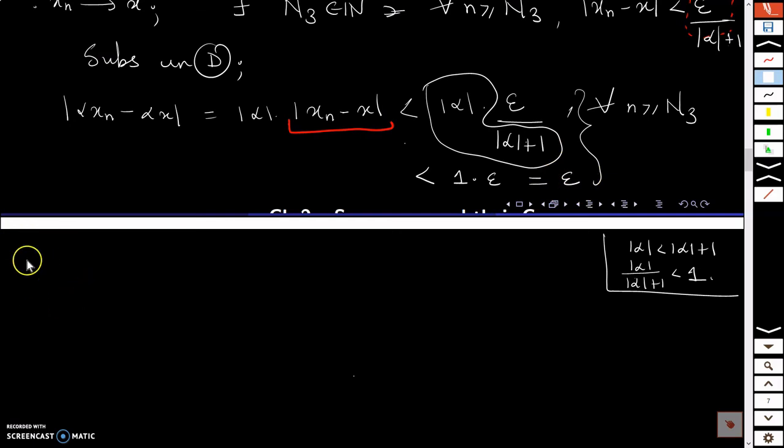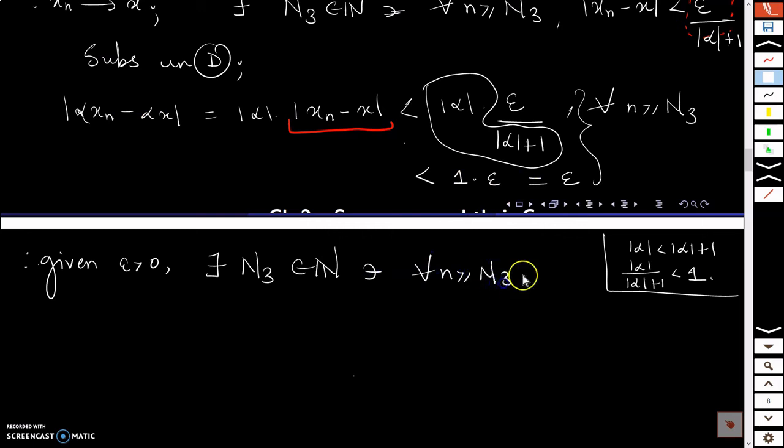So what did we do? Given epsilon positive, we found a natural number n3 such that for all n bigger than or equal to n3, |alpha xn minus alpha x| is strictly less than epsilon.